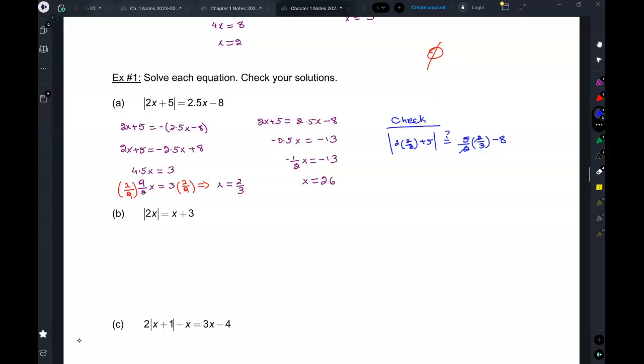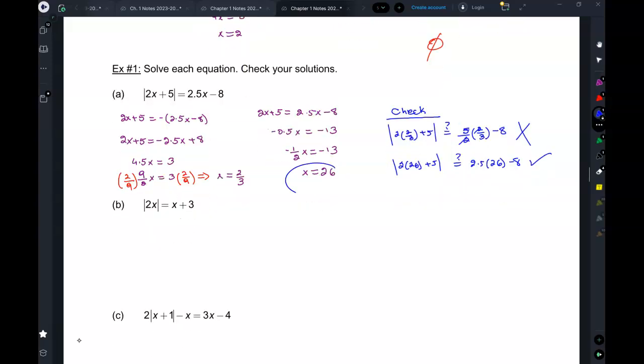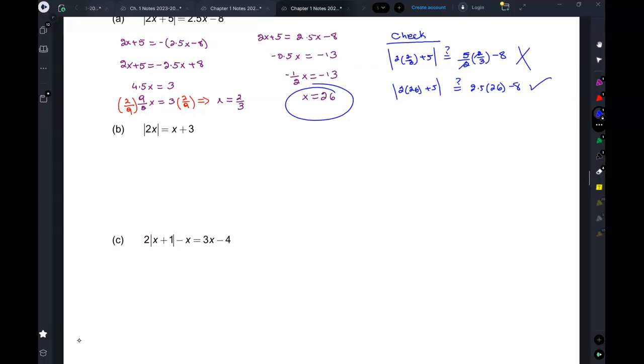You have 5/3 minus 8. That's a negative number. That can't equal an absolute value, so that doesn't work. Does the 26 work? 2.5 times 26 minus 8. This does work. So the only answer then is that 26.